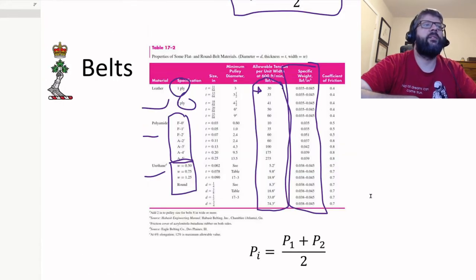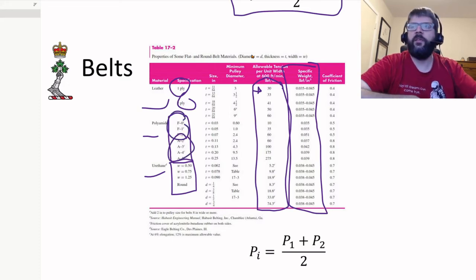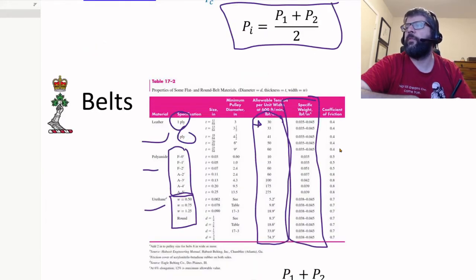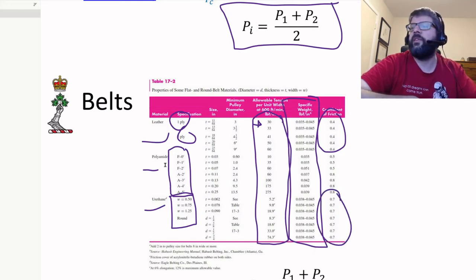And then you're going to have different coefficients of friction for the different materials. Two different types of polyamides, the A's and the F's here, are given with 0.5 and 0.8. 0.4 is a reasonable coefficient of friction for leather on steel. 0.7 is a reasonable coefficient of friction used for urethane on steel.